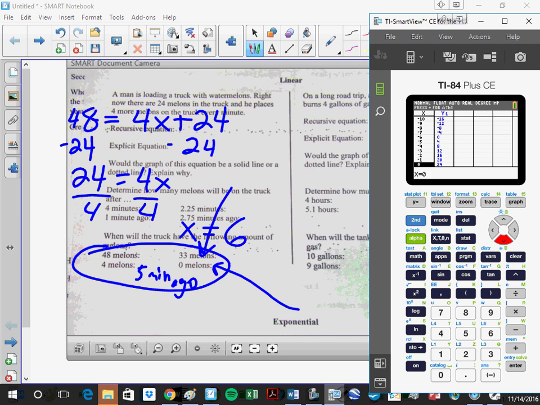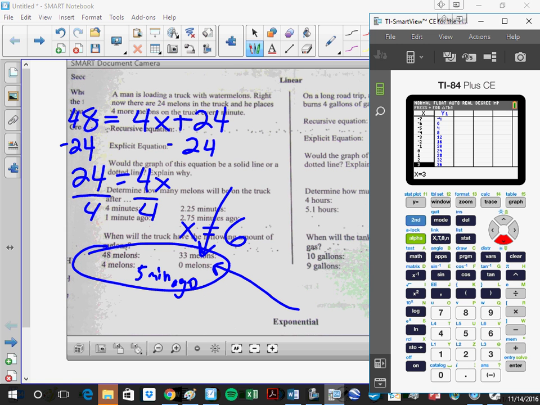That's true, and I just want to show you right here. I can get really close. At 2 minutes, there were 32 melons. And every 1/4 of a minute, a new watermelon gets put on the truck, so that would be 3.25.